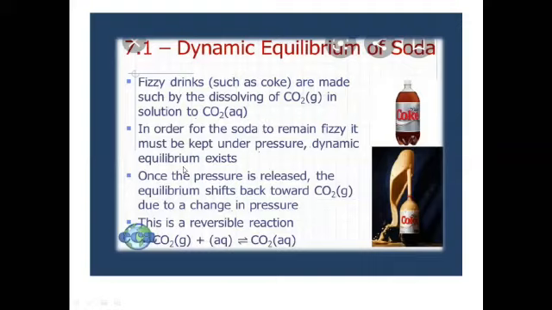That carbon dioxide will evolve out or come out from the bottle. You can see along with the solution, carbon dioxide comes out. So it means that when the pressure is released, the equilibrium will shift back toward the gaseous carbon dioxide due to change in pressure.